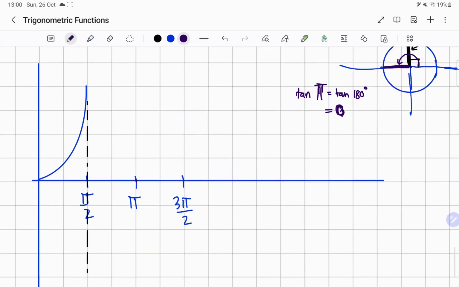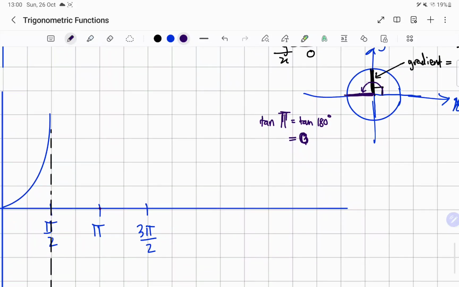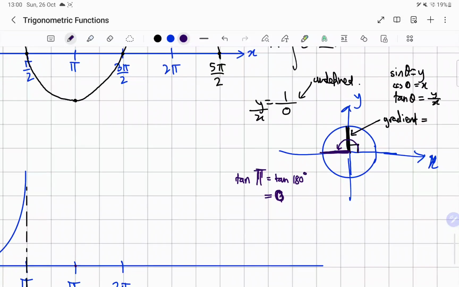Let's say tangent somewhere in between. We have infinity for 90 degrees, and then we have 0 at 180 degrees. Let's take an angle somewhere in the middle, this thick purple line that I've drawn here. Here the gradient is negative because this is a downward sloping line.